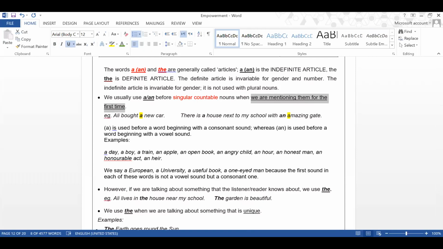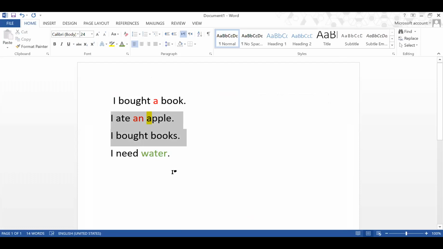I use the article the in the condition when the speaker and the listener know the noun, or the listener knows what the speaker is talking about. Look here, I talked about a book.